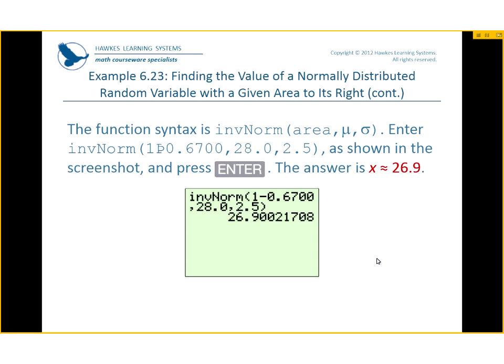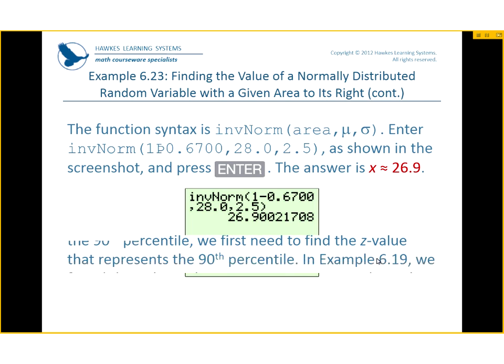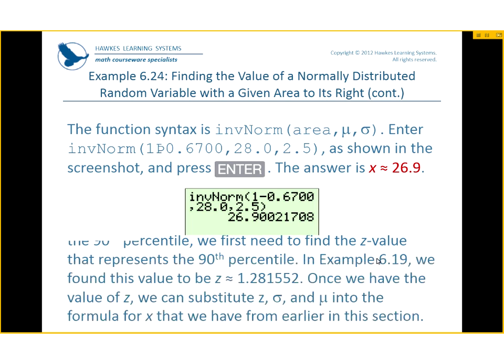I'm going to do 1 minus my area, right? 1 minus 0.6700, comma, 28.0, which is my mean, comma, 2.5, which is my standard deviation. Close those parentheses, and you get 26.9. So what is that formula? You're doing the inverse norm with your area first, comma, your mean, comma, your standard deviation.